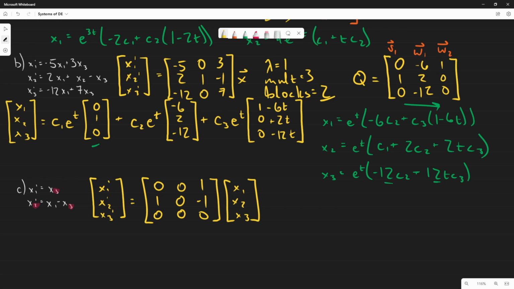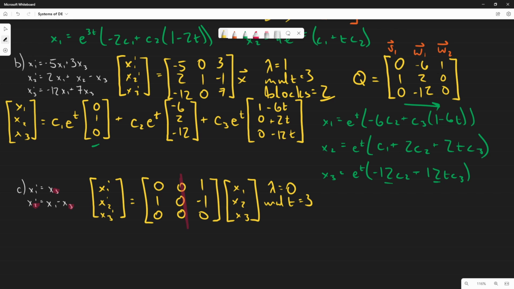This one you can easily find the eigenvalue, mostly because we have a column of zeros, so that means our eigenvalue will be lambda equal to 0. It's going to have a multiplicity of 3, but we don't know how many blocks there are.